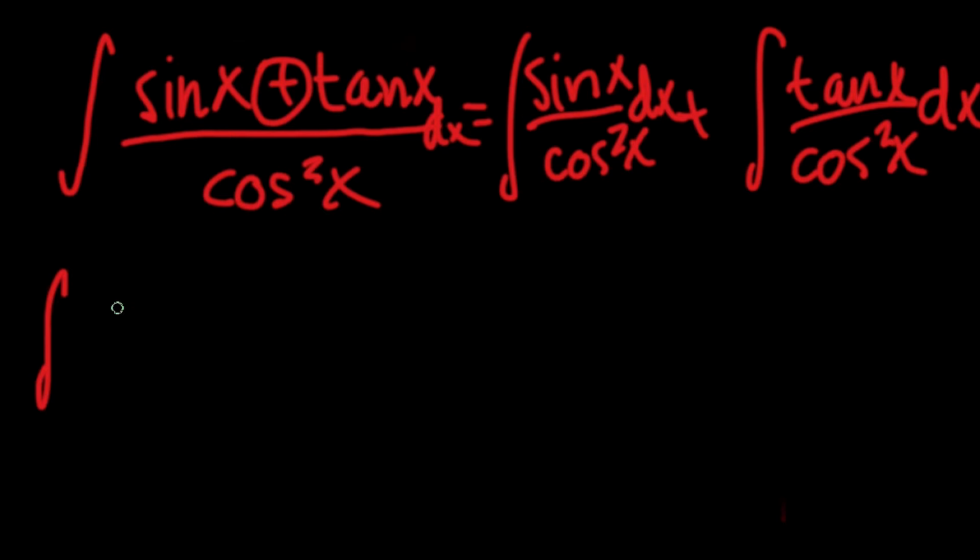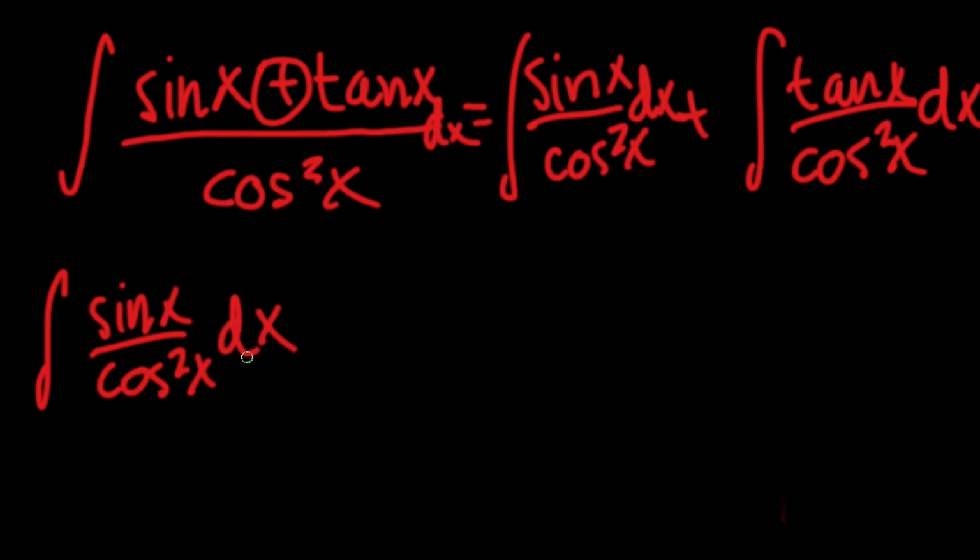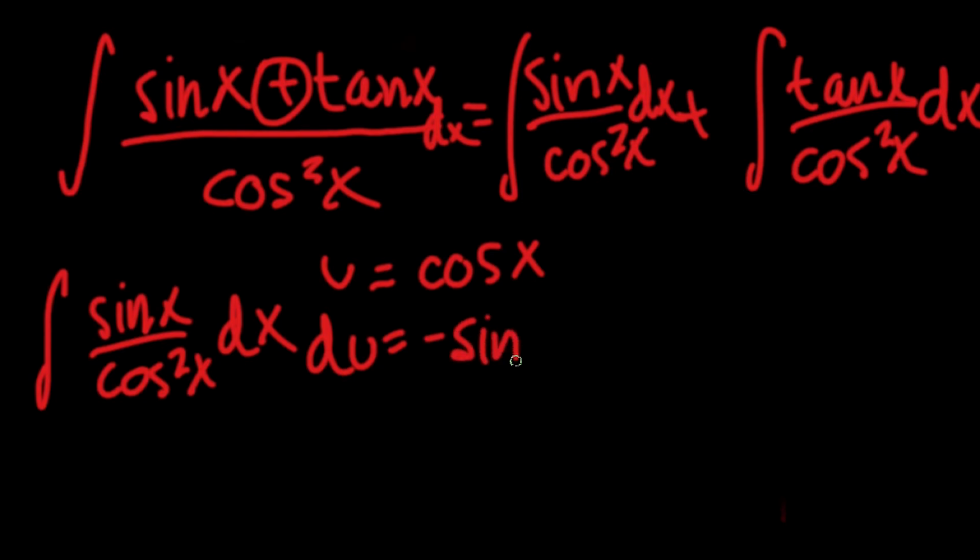So we have the integral of sine x over cosine squared x dx, and what stands out to me is that we have a single sine x in the numerator, and that would make for a very convenient u substitution of cosine x, so that the derivative with respect to u is going to be negative sine x dx.